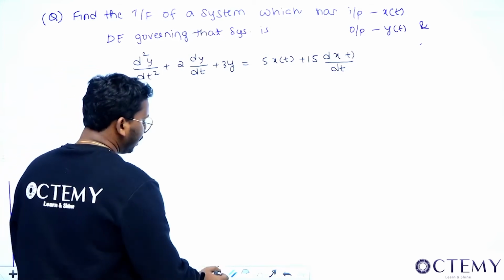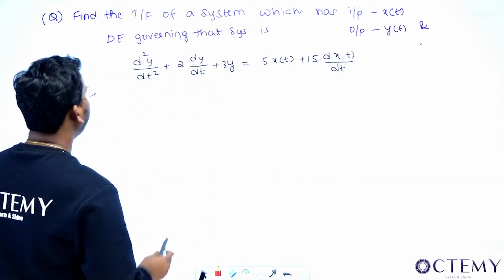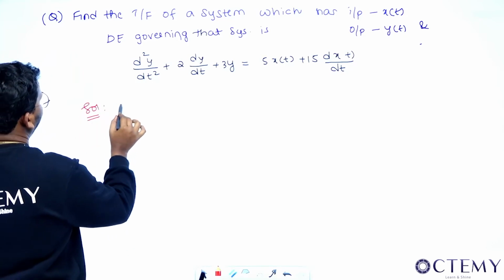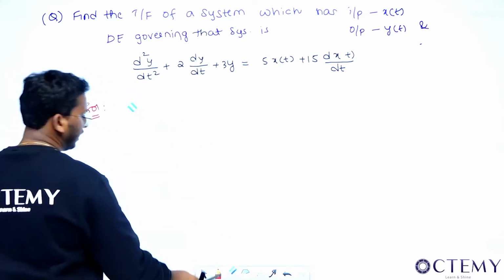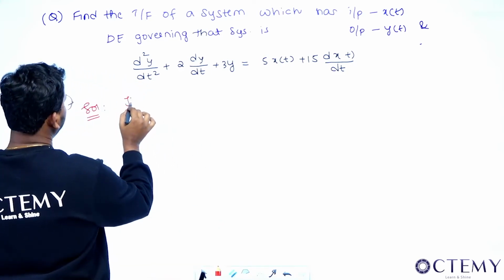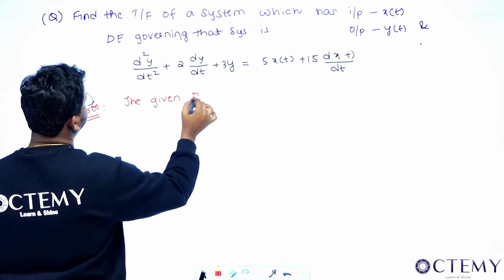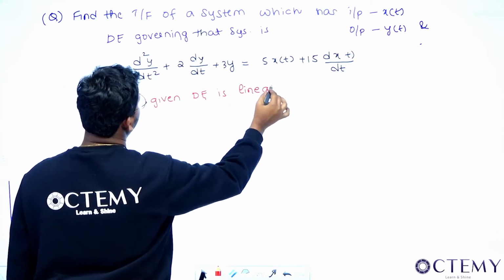So what do you do, sir? How do you do the solution for this? Doing the solution for this is easy. You write simply as solution and apply Laplace. Or first you say that the given differential equation is linear.